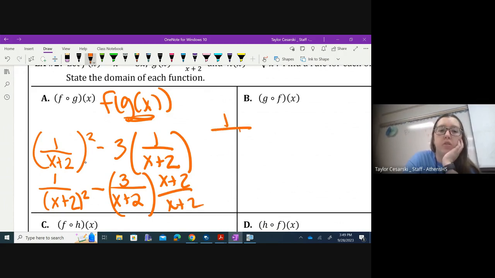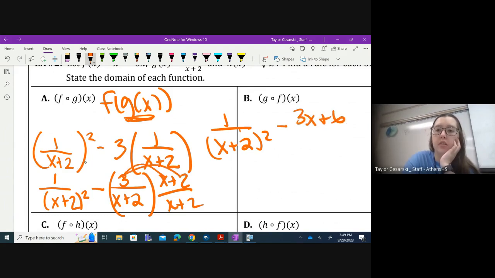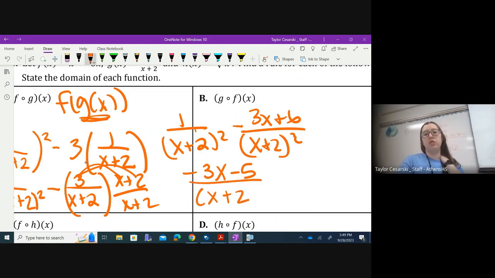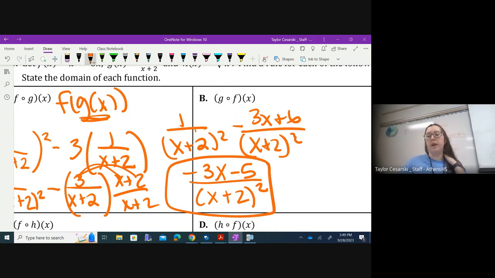And I get 1 over (x plus 2) squared minus, I can distribute this, (3x plus 6) over (x plus 2) squared. When I simplify, I get negative 3x, 1 minus 6 is negative 5, over (x plus 2) squared. So this is the final composition of f of g of x.